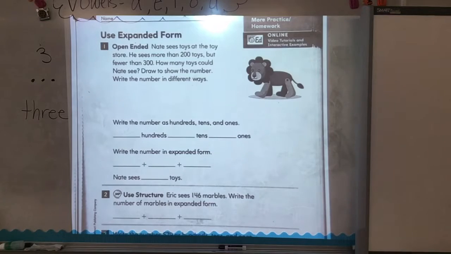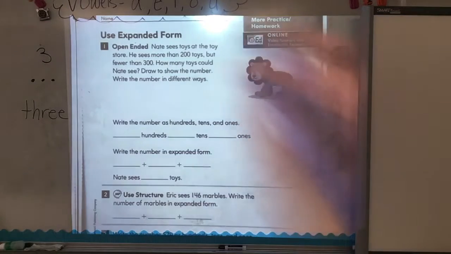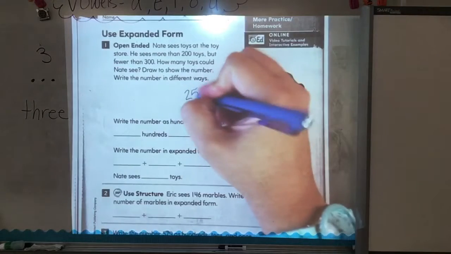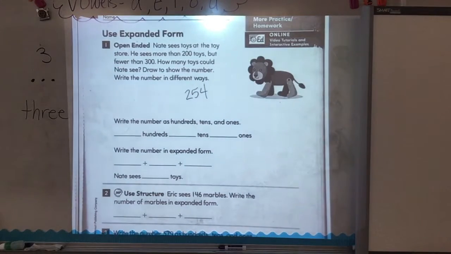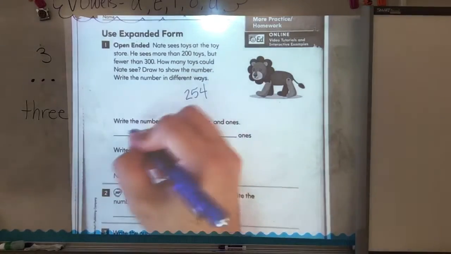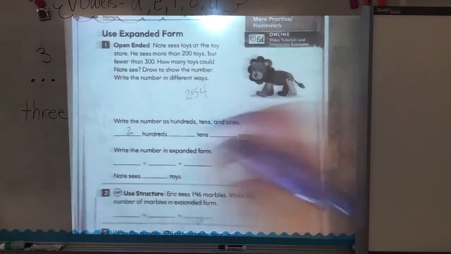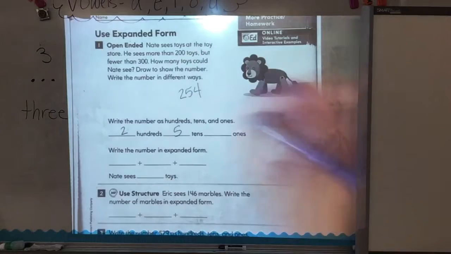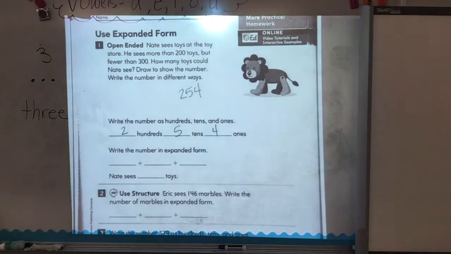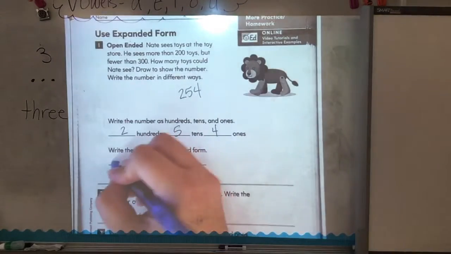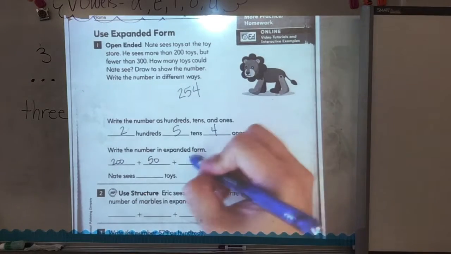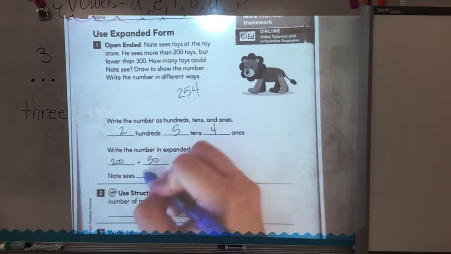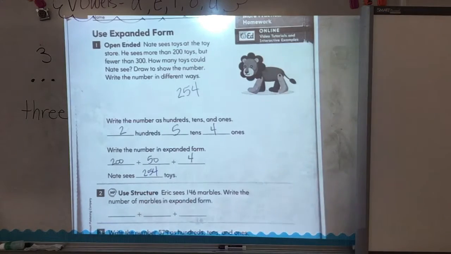How many toys could Nate see? I'm just going to put 254. Okay, write the number as hundreds, tens, and ones. I made 2 hundreds, 5 tens, 4 ones. And in expanded form, that turns into 200 plus 50 plus 4, 254.